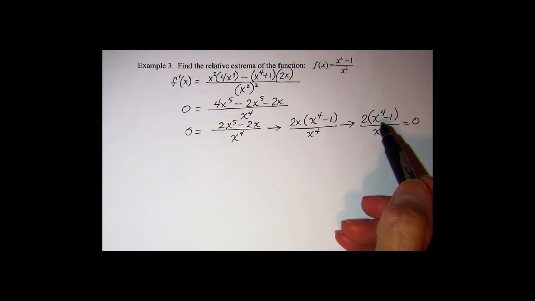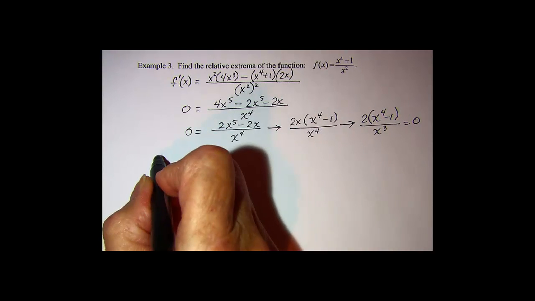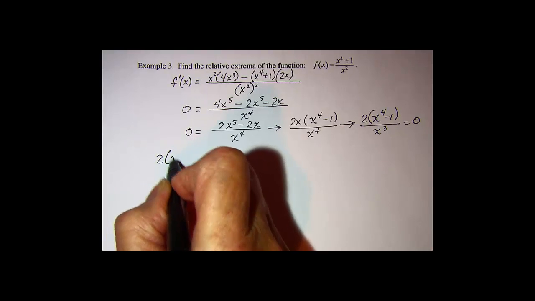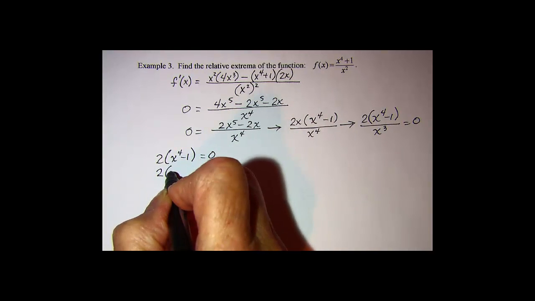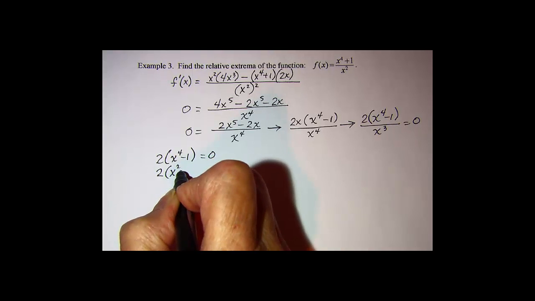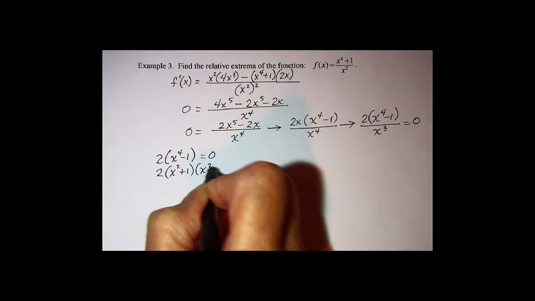Our critical numbers occur when our derivative is equal to 0, and that'll happen when the numerator is 0. So 2 times x to the fourth minus 1 equals 0. This is the difference of squares, so we'll factor x squared plus 1, x squared minus 1.